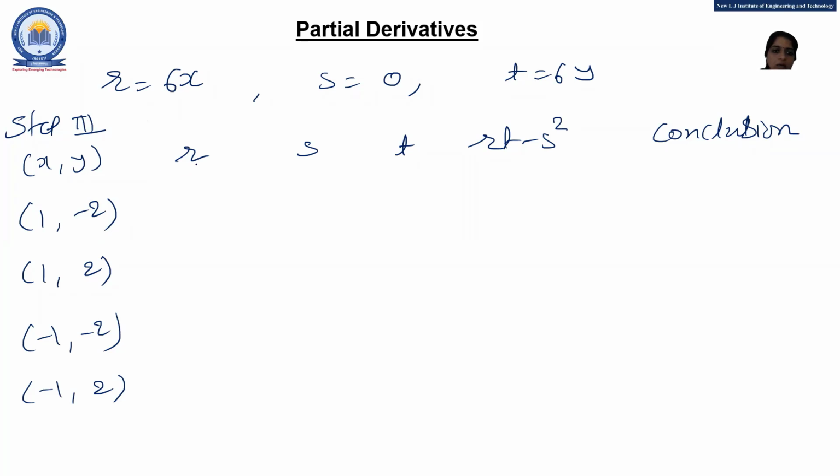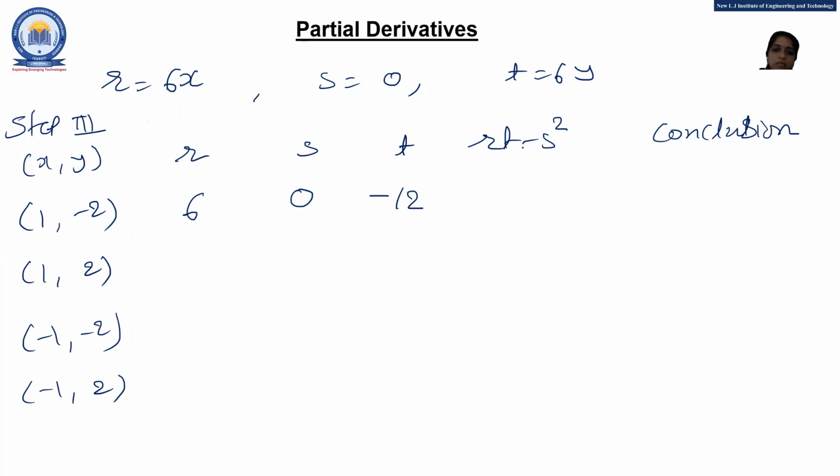Now for R, for the first stationary point, here my x is 1. So R is what? 6 into 1. So 6. S is 0. For T, that is 6y, right? So 6 into minus 2, that is minus 12, right?